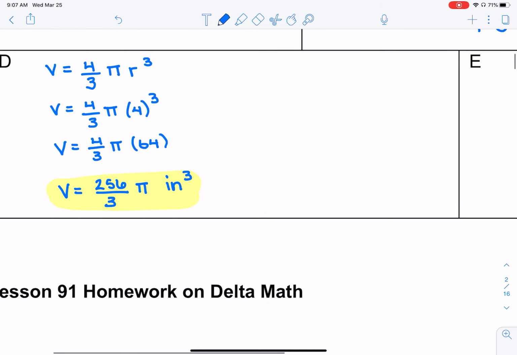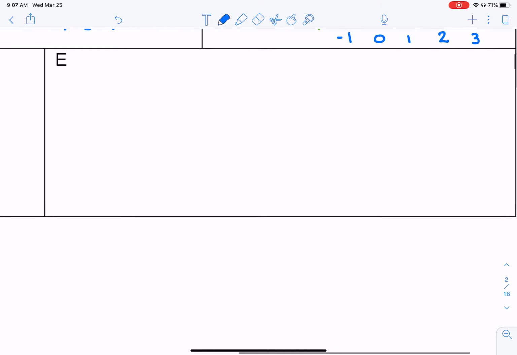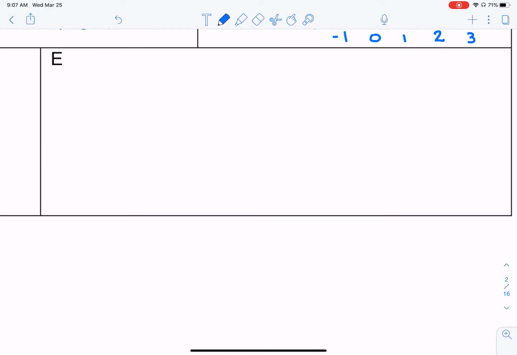Volume of the sphere. I'm going to move on to question E, which is the surface area of a sphere, radius 5 feet. So I start by writing the formula for surface area, and that is 4 pi r squared. Plug in what my radius is equal to. It is 5.